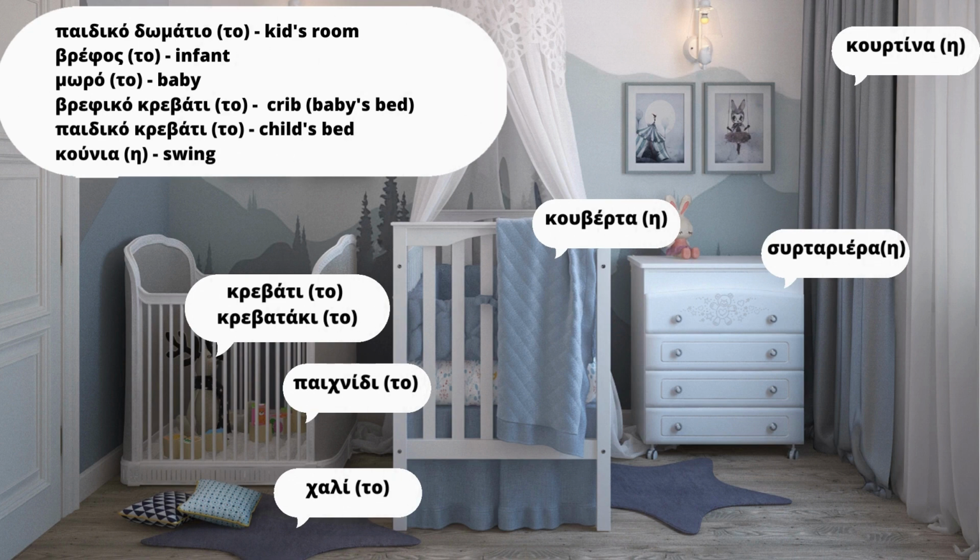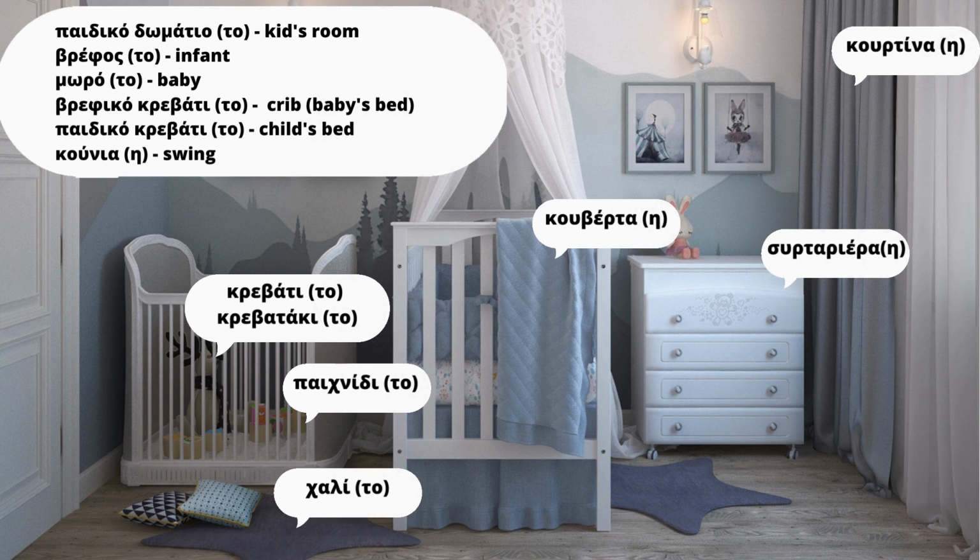This is the child's bed. But here the child could be older in age. And the last word of this category is η κούνια. Η κούνια. This is a feminine gender word, and it's translated as a swing in English.